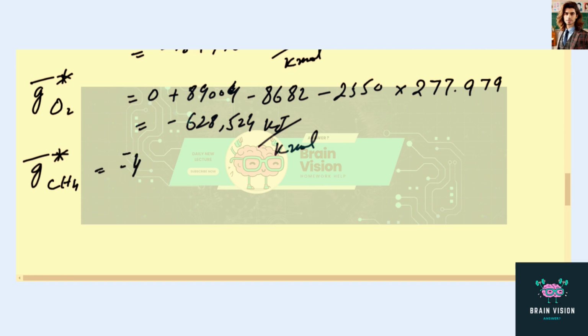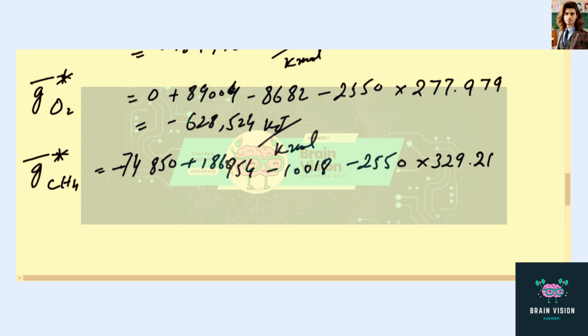Then we've got minus 74,850 plus 186,954 minus 10,018 minus 2550 into 329.216, which is equal to minus 737,415 kilojoules per kilomole.